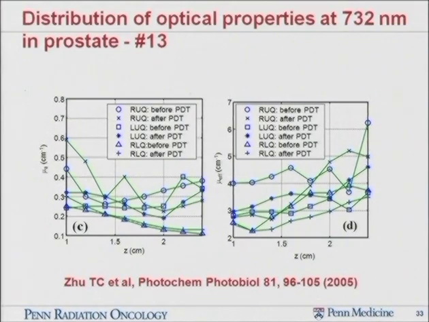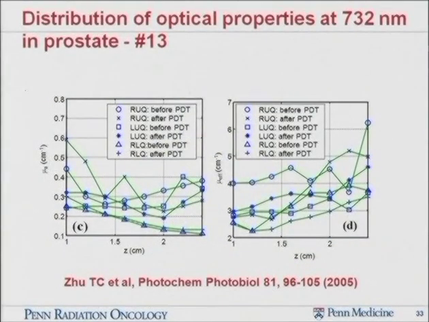But one thing that's interesting to see is the mu-A for the same prostate. Different points here are different locations for the same patient, same prostate. We separate the prostate into 4 quadrants: right, left, upper and lower. You see different symbols, and some of them were measured before and after.